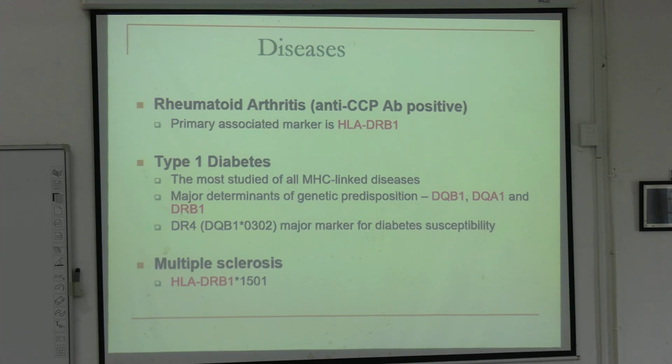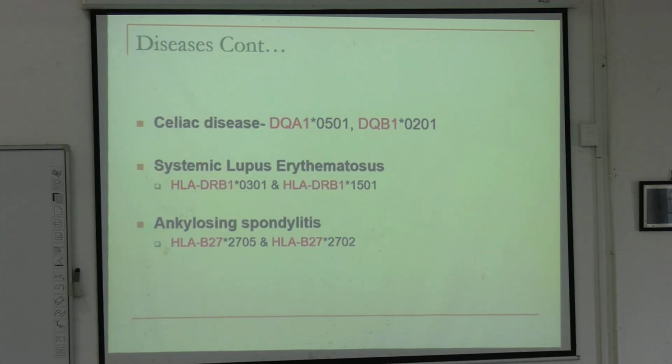Okay? Then coming to the next disease, which is celiac disease. Celiac disease is HLA DQA1 and DQB1 associated. Then coming to one more very important group of disorders, that is systemic lupus erythematosus, which is HLA DRB1 associated, and ankylosing spondylitis, which is HLA B27 associated.